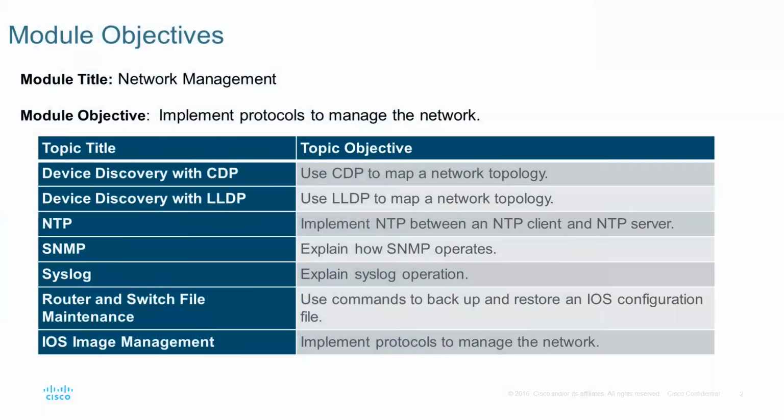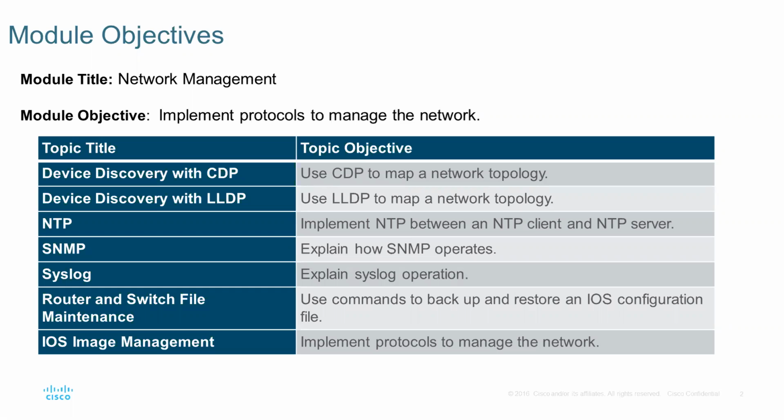What we're going to talk about is using tools such as the Cisco Discovery Protocol and link discovery. These two protocols can be used to map out topology. Then we'll look at the Network Time Protocol, then the Simple Network Management Protocol.